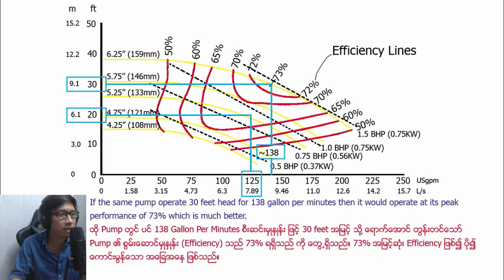If the same pump operates at 30 feet of head for 138 gallons per minute, then it will operate at a peak performance of 73%, which is much better.